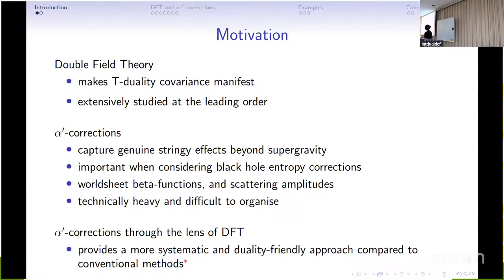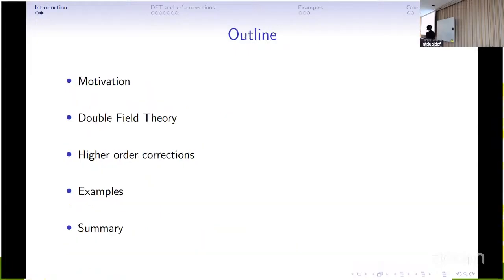The idea is that by using the manifest T-duality, it provides a more systematic and duality-friendly approach to look at all the alpha prime corrections as compared to the conventional methods that we have. So that's the motivation.